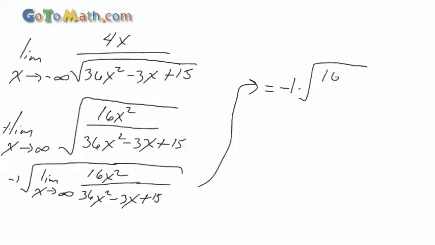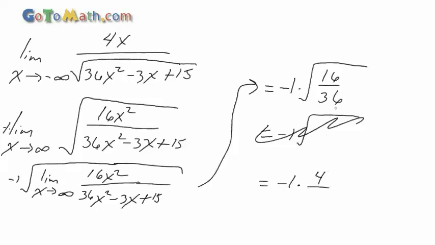So we end up with 16 over 36, and then we can reduce that down to, actually forget that, negative 1 times the square root of 16 is 4, and the square root of 36 is 6, and then of course this will reduce down to negative 2 thirds.